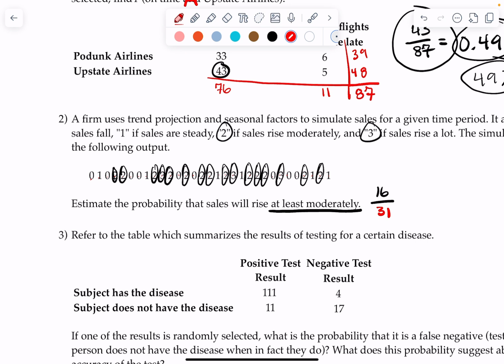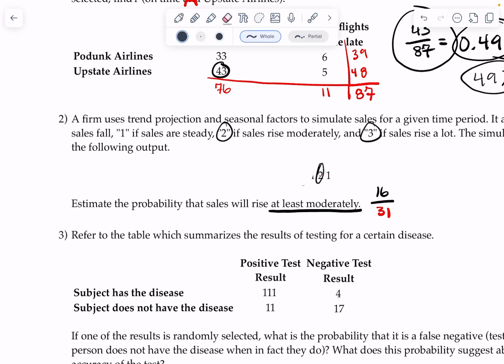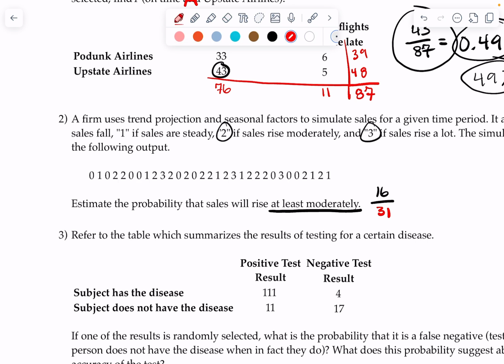Is that right? That sounds kind of a silly number. Let me count again. Hold on. Nope, 31. 16 over 31. And whatever that comes out to be is 0.52. Whatever. Whichever one you want.